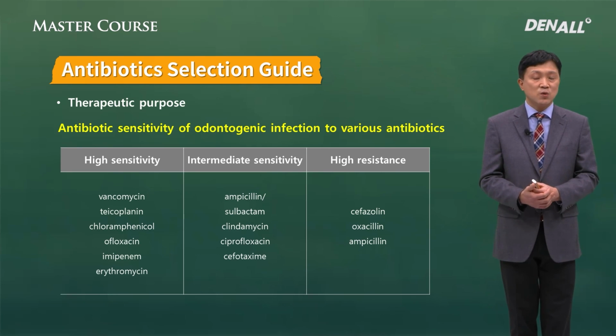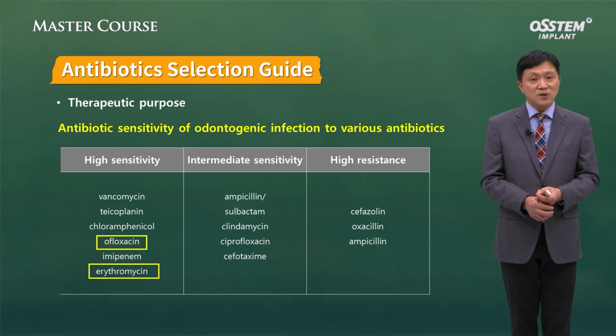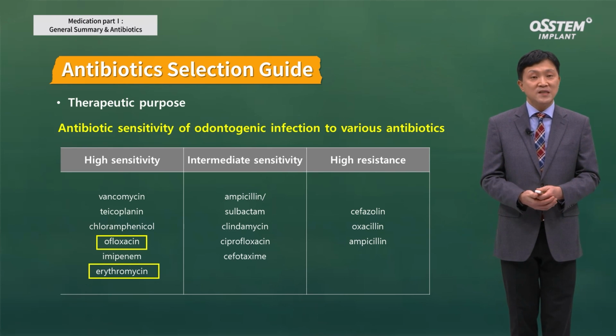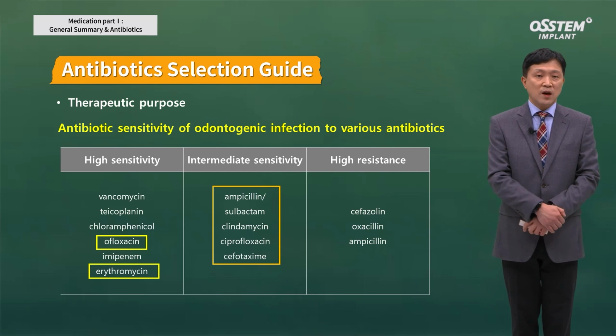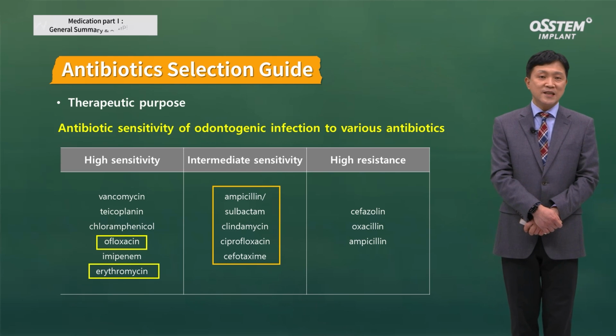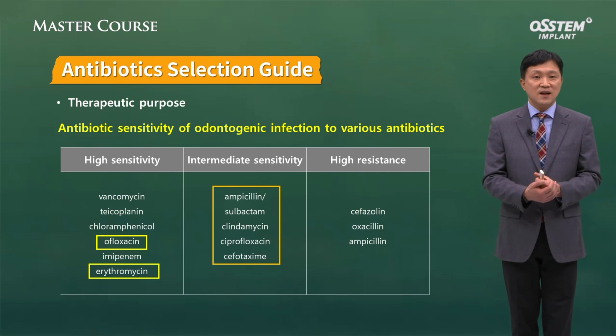So for monotherapy, actually, ofloxacin and erythromycin are the ones we may use. Vancomycin, teicoplanin, and imipenem are very expensive and we don't have to use them. You can start the antibiotic regimen with intermediate sensitivity.